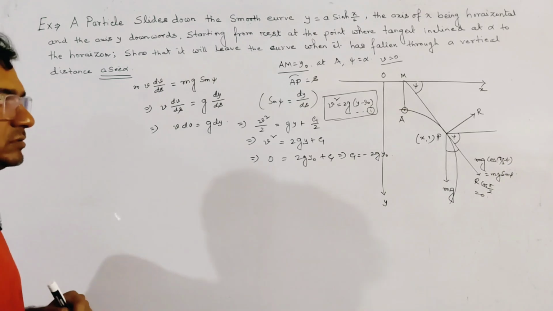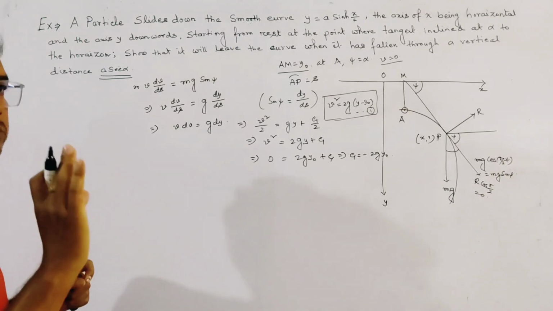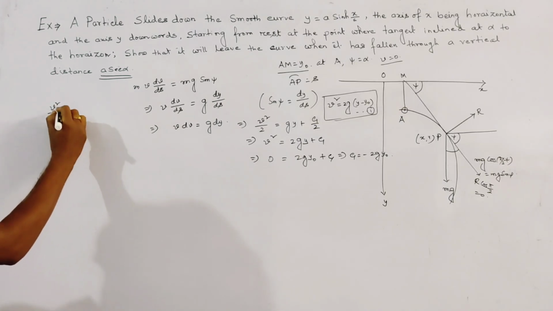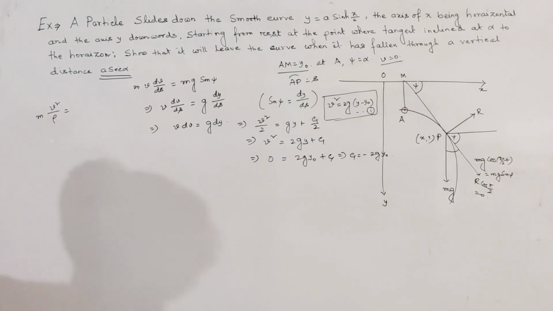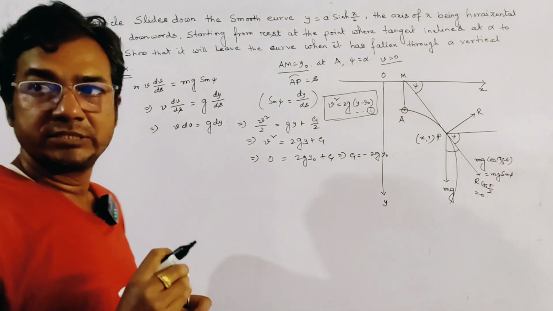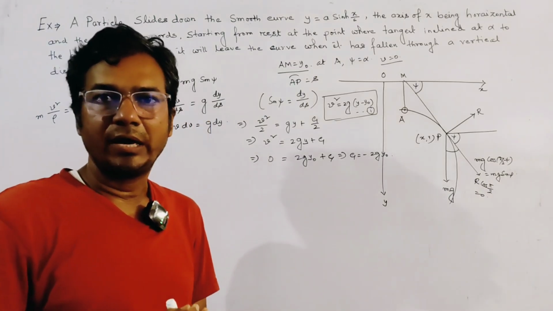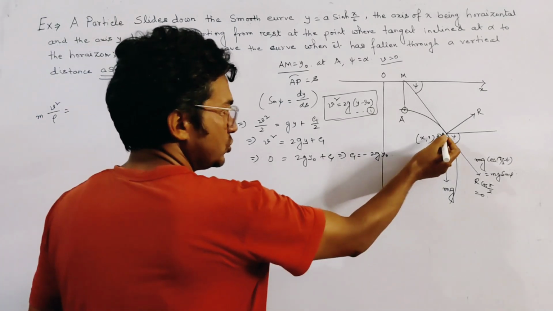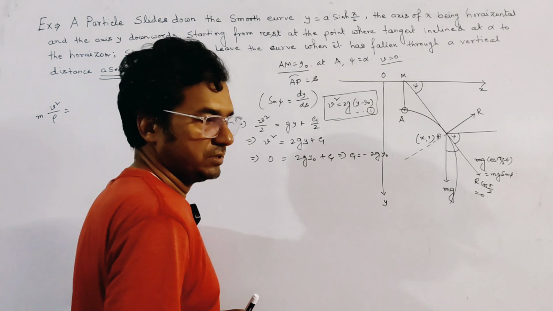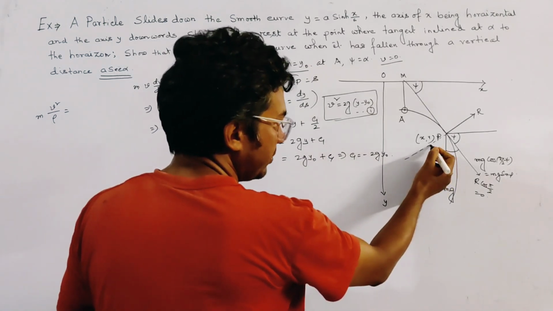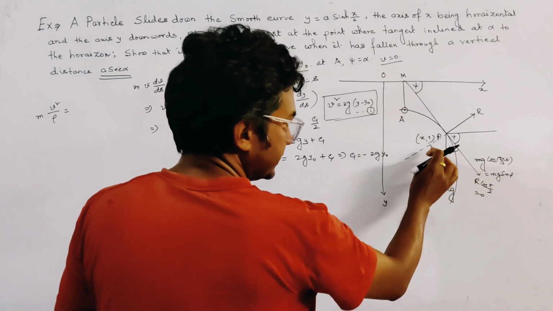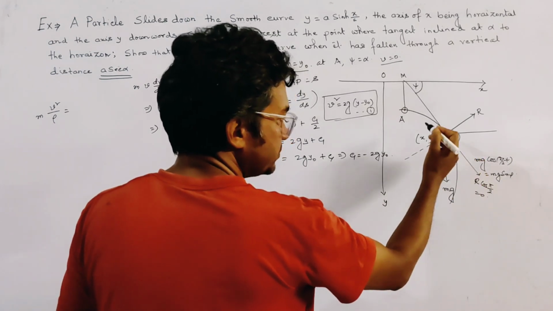Now we consider the normal equation of motion, which is given by m v squared by rho, and we always take the inward normal as the positive normal. So along the inward normal, the component of mg is given by this angle, which is pi/2 minus psi, and the total angle is pi/2.